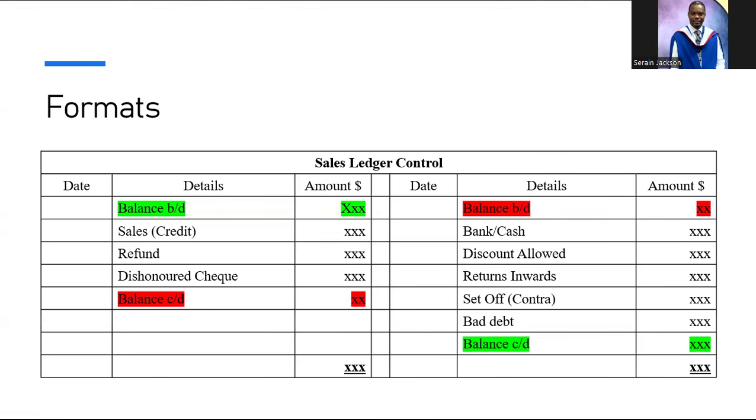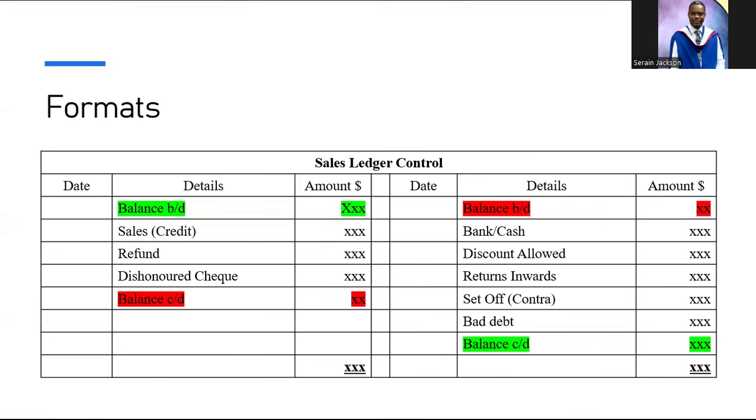Both of you owe each other money, but instead of just paying each other, you set off the amount that you owe to your debtor, and your debtor sets off the amount that they owe to you. It basically squares out. So that is really what set off is. It's a contra entry, so it is also going to be in the purchases ledger control on the debit side.